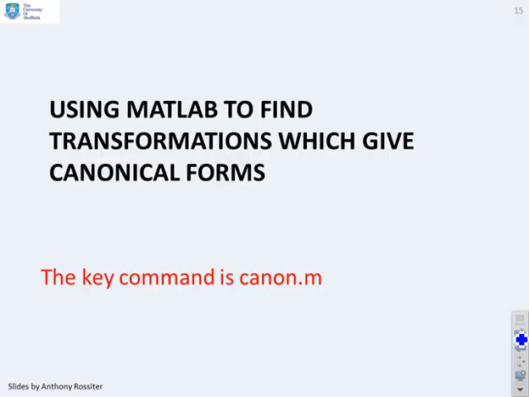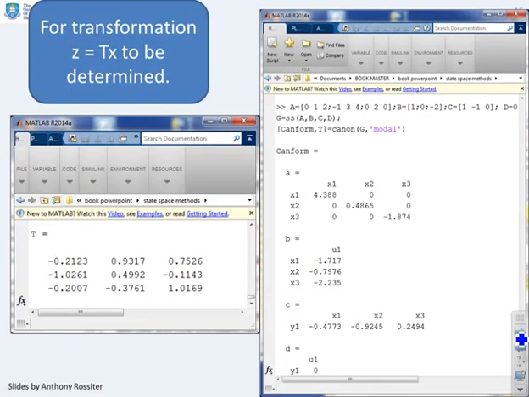Okay, using MATLAB to find transformations which give canonical forms. So MATLAB does have a command, canon.m, which will give you some canonical forms. Not all, but some. So here's a first example. What you'll see, if you look at the top here, is I've entered my A, B, C and D. I've created my state space object with this ss command, and then I've used canon G, and then I've used the command modal.